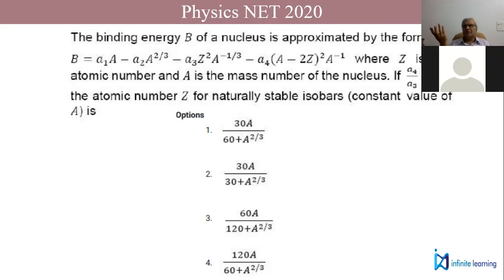For example, you can have helium-4 and you can have lithium-4 also. Sorry, lithium is 7, okay, I'm sorry.